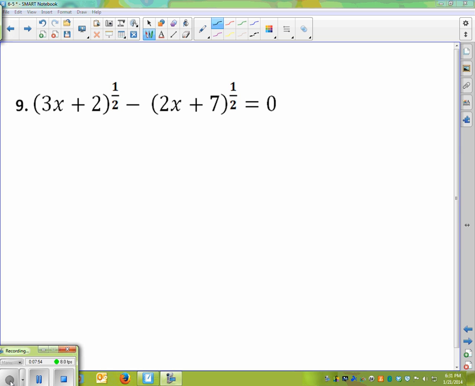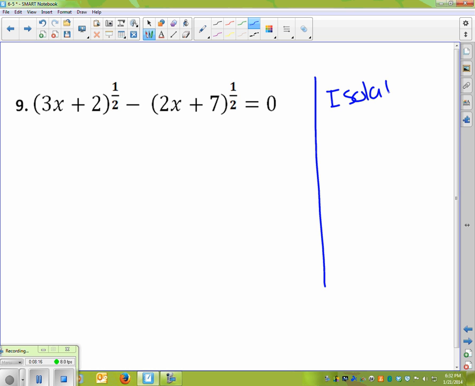All right, we have one more problem to go through. Number 9. What do I do when I've got two sets of exponents on the same side of the equation? I am going to add the exponent to the other side. I want to isolate one set of exponents.